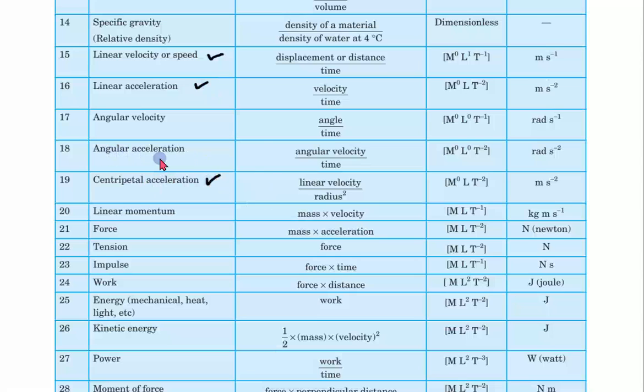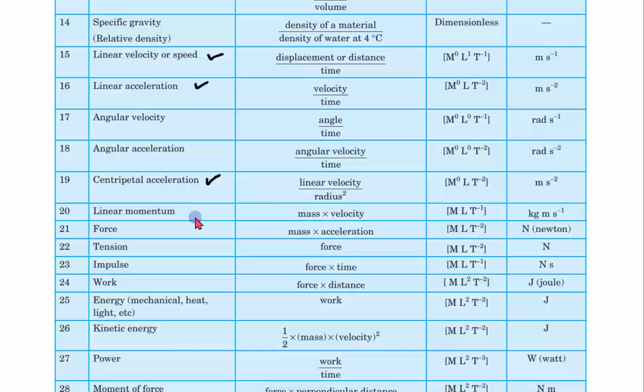But angular is radian per second. Radian is an angle, so I don't have a length or mass, only T minus 2. Centripetal acceleration means linear acceleration by radius square, L T minus 2.